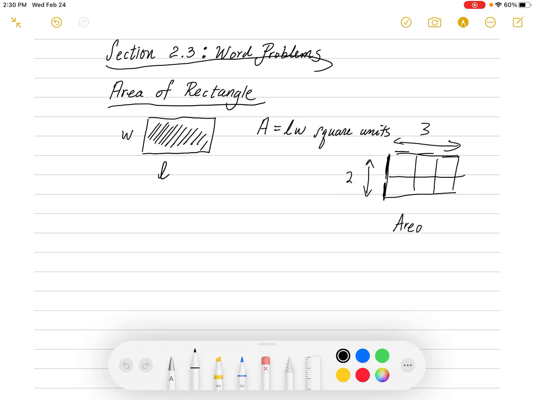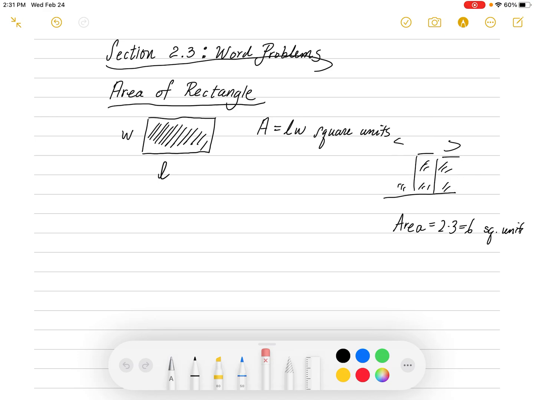You basically say, okay, the area is what? 2 times 3, which is 6 square units. And you can see, you got 6 little squares here. That's kind of the idea. So area of a rectangle is the length times the width, and the units are in square units.